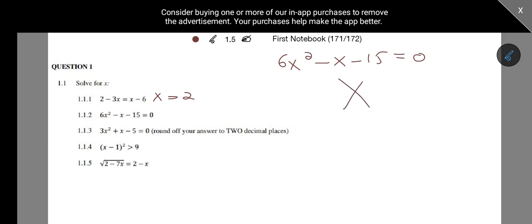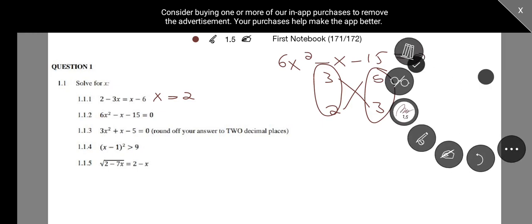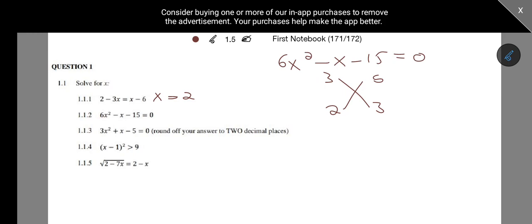So here we're going to have 3 and 2, right? And this side, I believe we're going to have 3 times 5. So in this method, you place the factors of 6 on this side and the factors of 15 on this side. And then you look for whether this can give you the middle term when you multiply diagonally.